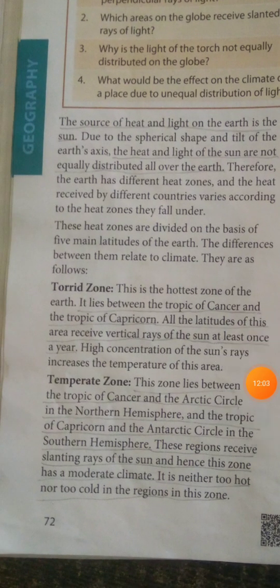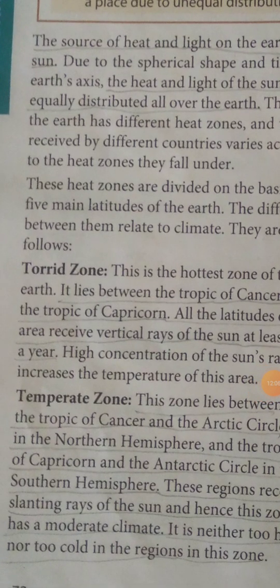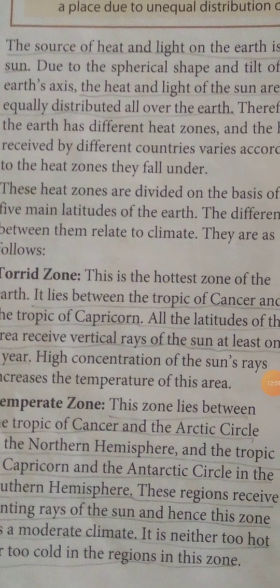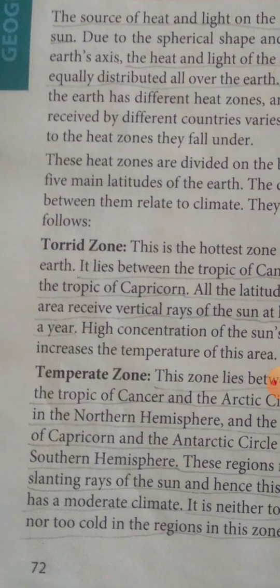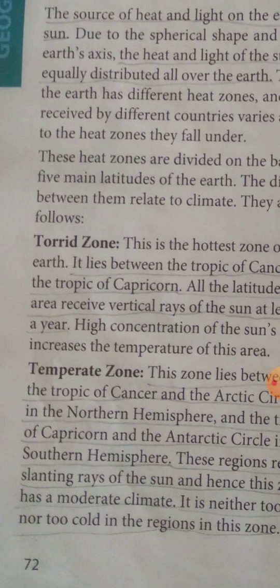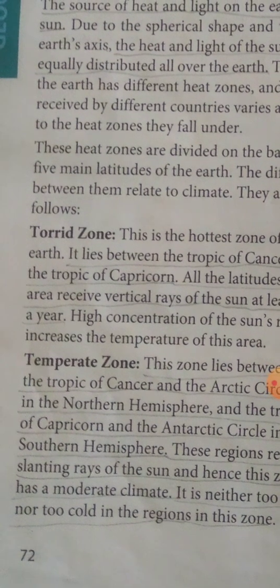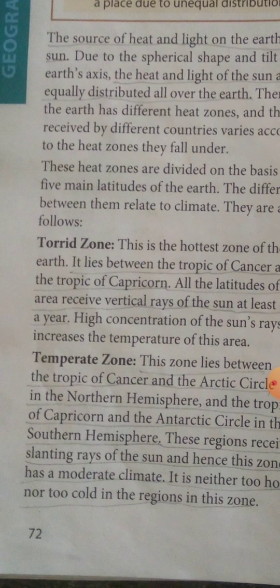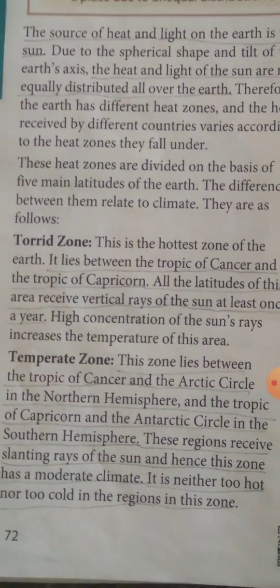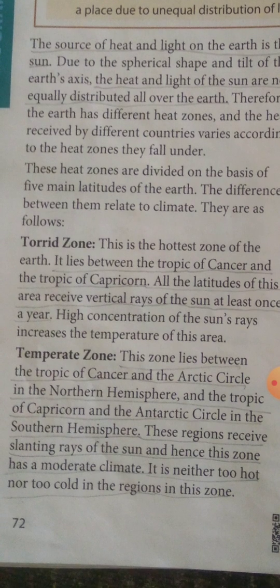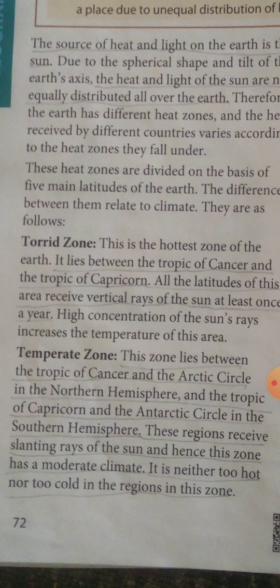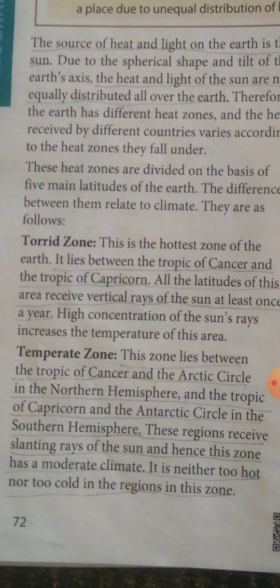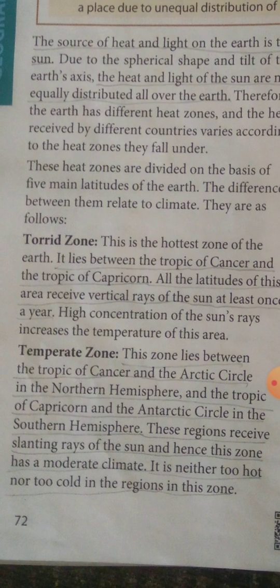Okay. The Sun's rays fall vertically here throughout the year. Temperature here remains high all through the year, and there is no actual winter season here. सूर्य की किरण वर्ष भर यहाँ लंबवत पड़ती है. वर्ष के दौरान तापमान अधिक रहता है और यहाँ कोई वास्तविक सर्दी का मौसम नहीं होता है.